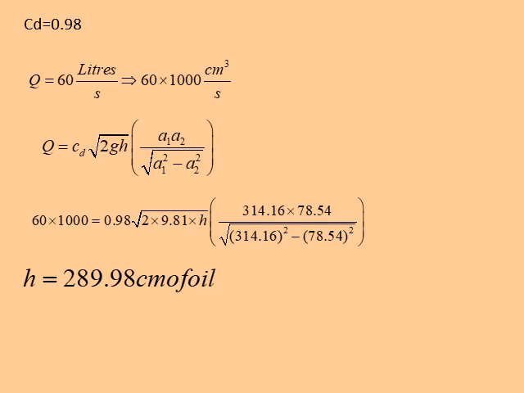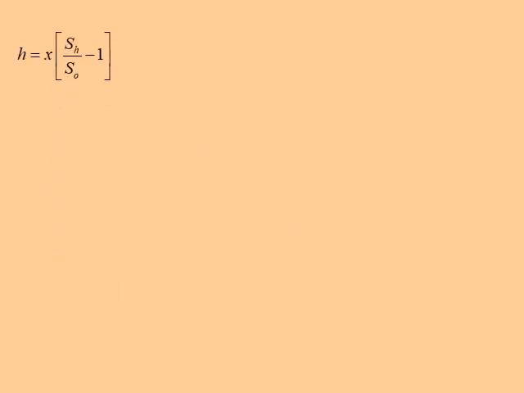So here in this numerical I want to calculate the difference of mercury level in the U-tube manometer, that is X. X is calculated by using the formula of this H. In this case the lighter liquid is flowing through the pipe and the heavier liquid is in the U-tube manometer. So according to that, H is equal to X into S of H by S of O minus 1.